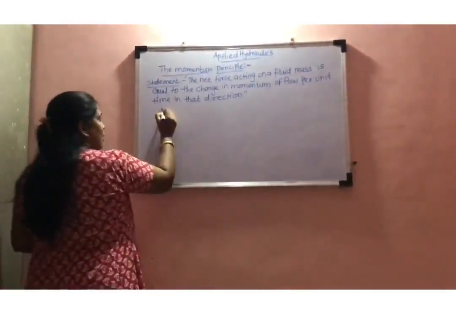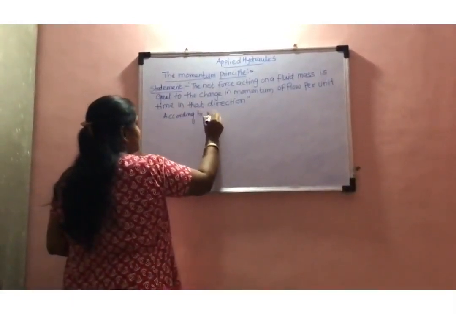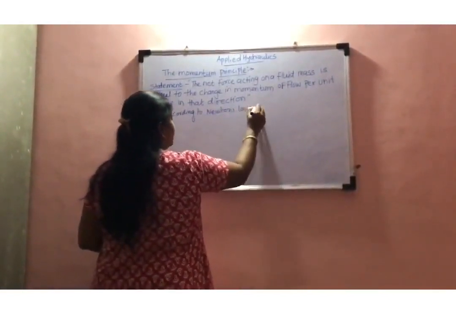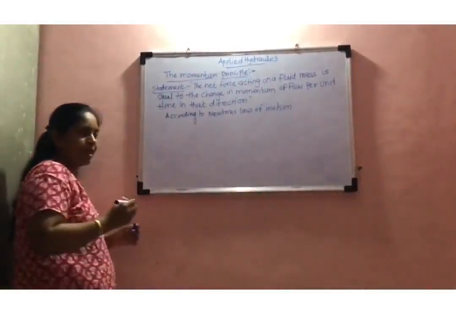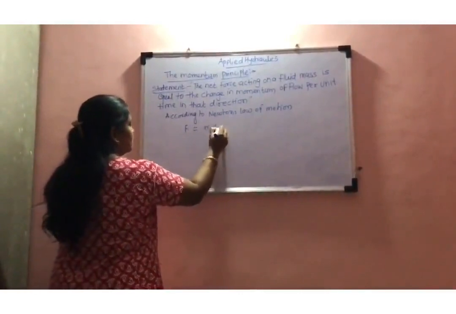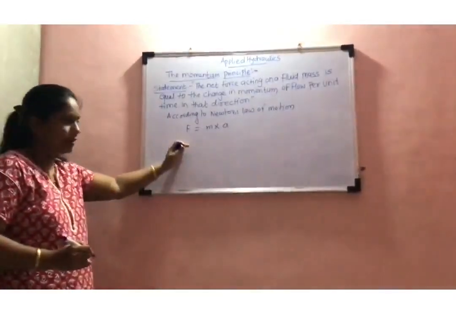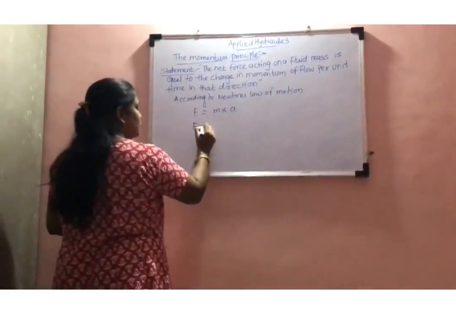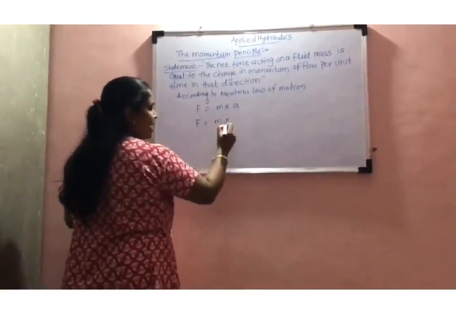So according to Newton's law of motion, force F acting on a fluid mass is given by this equation. All of you know that F is equal to m into a. So this force F is equal to m into acceleration.